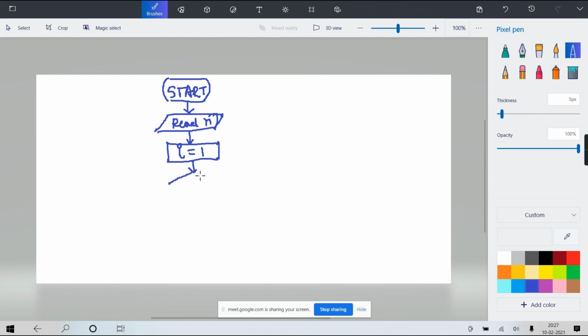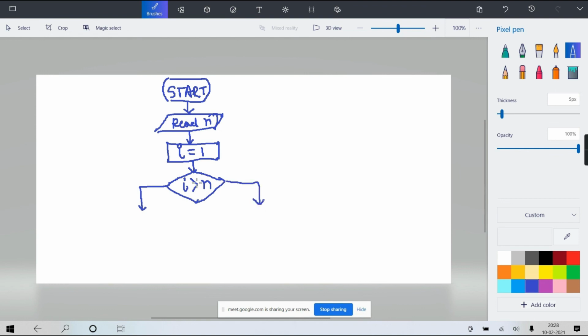Then what will we check? Whether I has become greater than n. Because if I has become greater than n, we have to stop. In the simple English which we wrote, just check it.